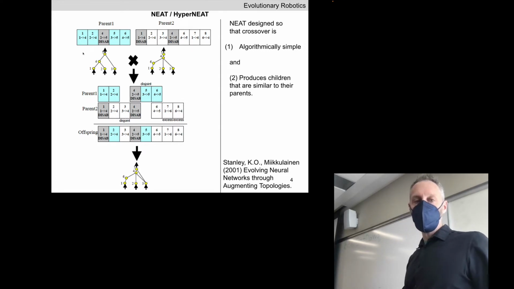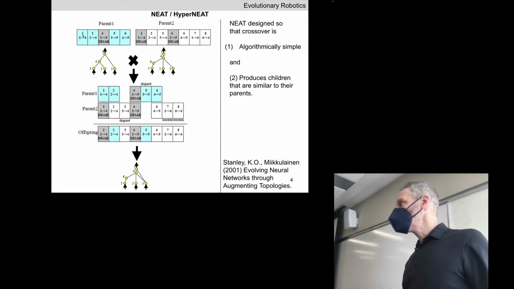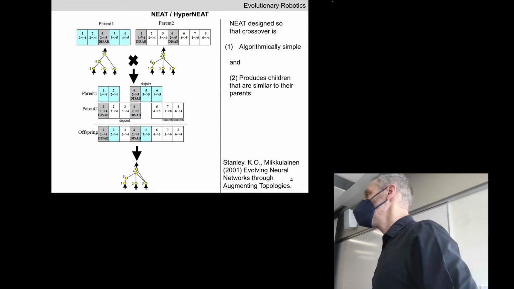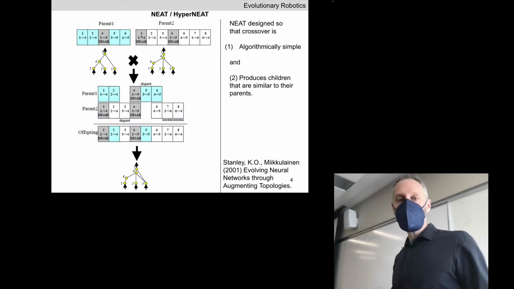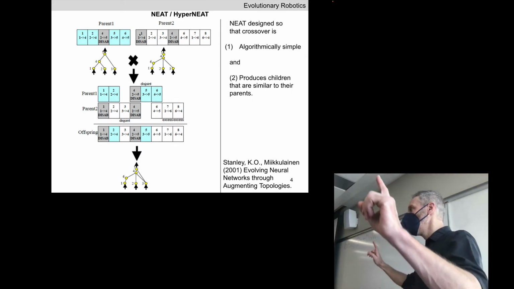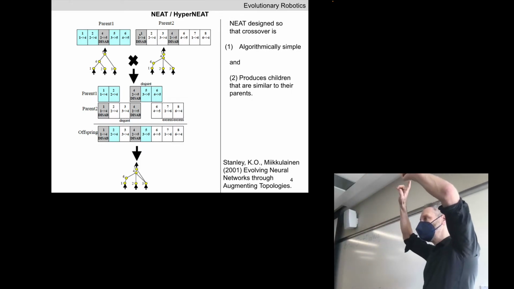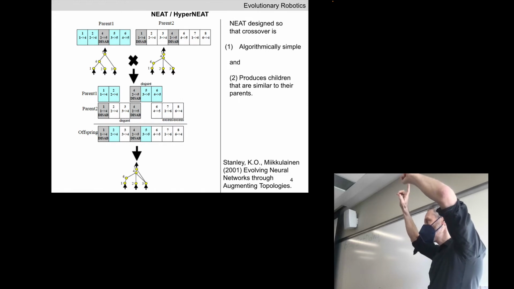You'll notice that if we look at synapse 1 in parent 1, this synapse 1 connects neuron 1 to neuron 4. That's this one here. It has an innovation number of 1. There is another synapse in this parent which connects neuron 1 to 6. It has the same innovation number. What that means is because they have the same number, they must have derived from an ancestral parent network that they shared in common.